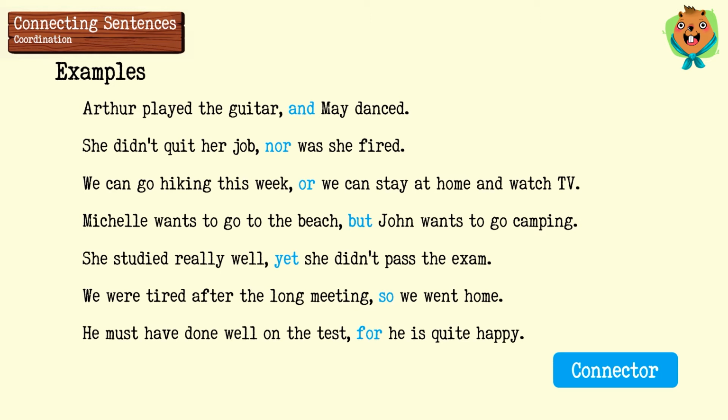Next, we use a comma before the conjunction in writing, especially in academic or formal writing. Finally, remember that each conjunction expresses a different meaning, so we should be familiar with the meanings of these conjunctions. And this is the topic we're going to discuss next.